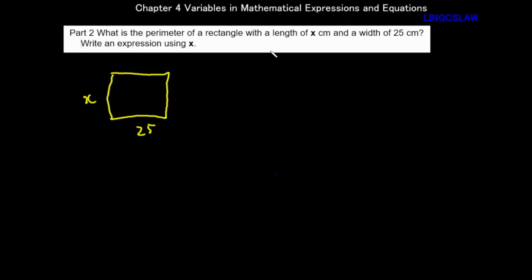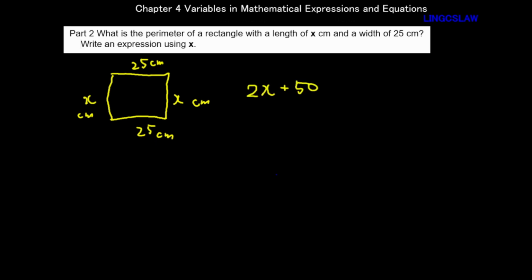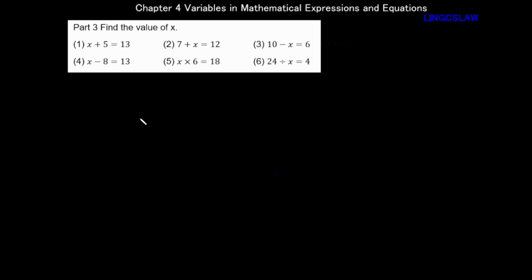So this is a rectangle, so this line is also x centimeters, and this line is also 25 centimeters. So 2x plus 25 times 2 equals 2x plus 50. So the answer is this one. Okay, part 3. Calculation. Find the value of x.